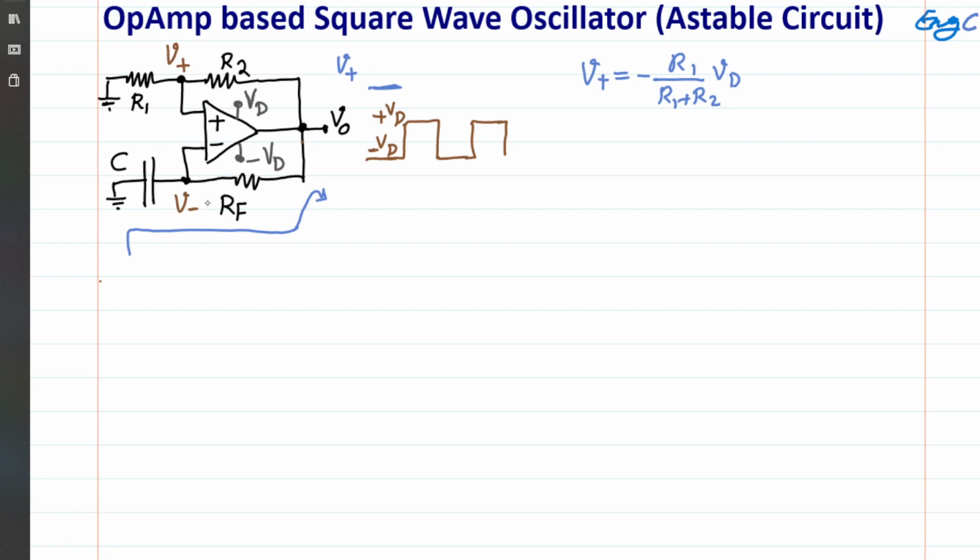Given that, the voltage here starts going down and drops to the point that it hits the lowest level that it has to, which is matching V plus. So it will keep going down up to the point that it reaches the value of V plus at this level.